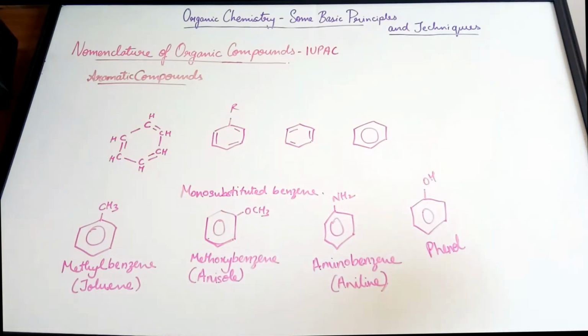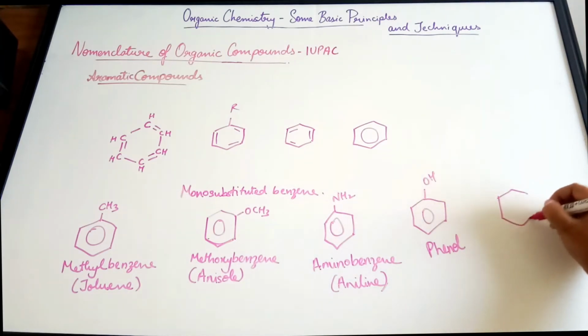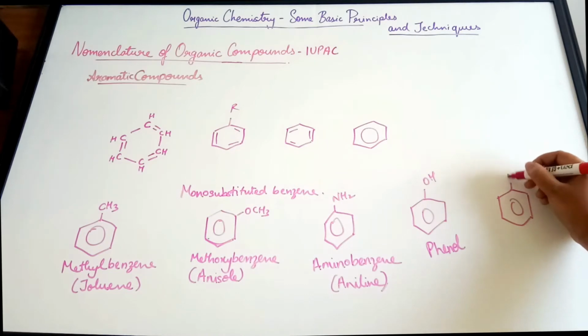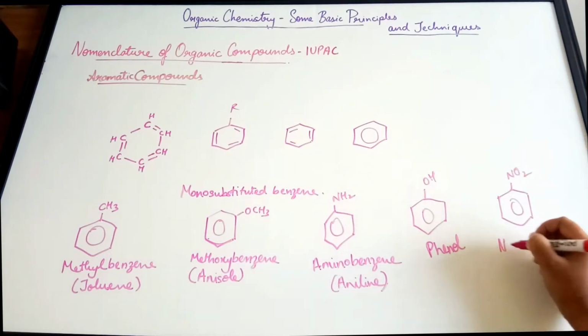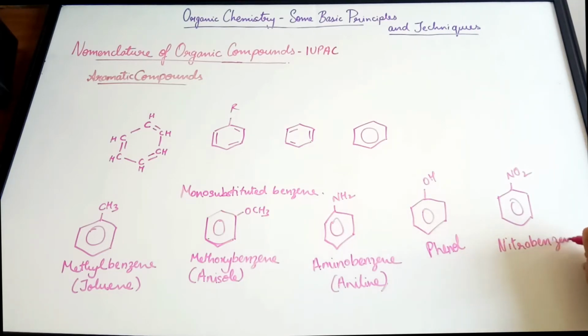Next, we have another one where a NO2 group is substituted in the benzene ring, and this is called nitrobenzene. So in all of these compounds, one of the hydrogens in the benzene ring has been replaced by another group. So these are called monosubstituted benzene rings.